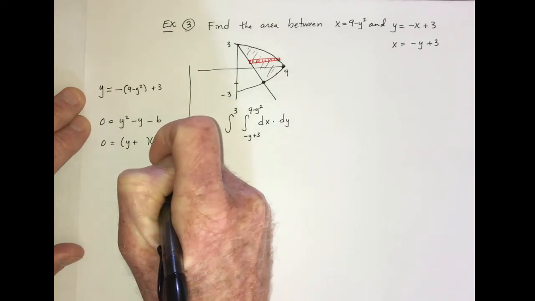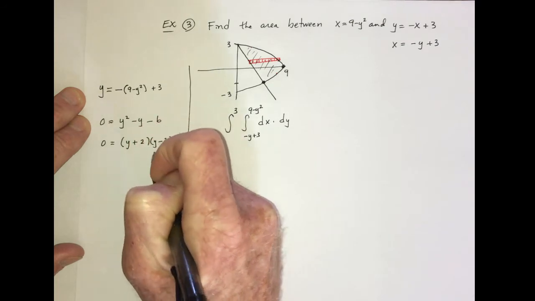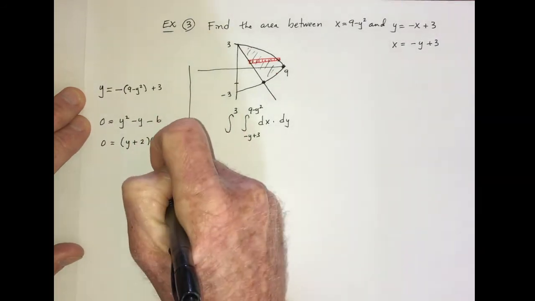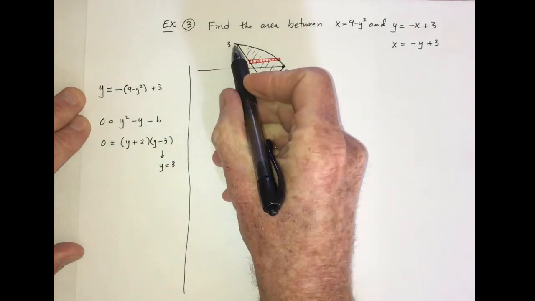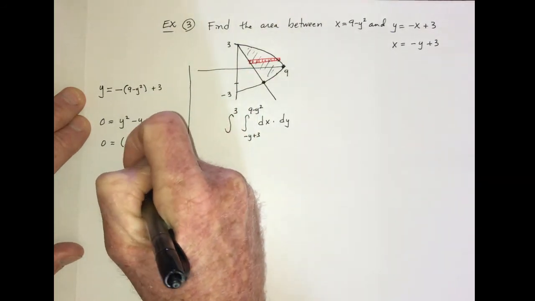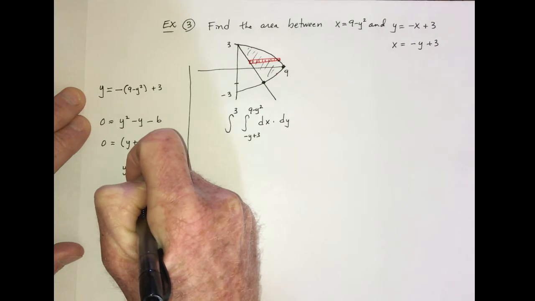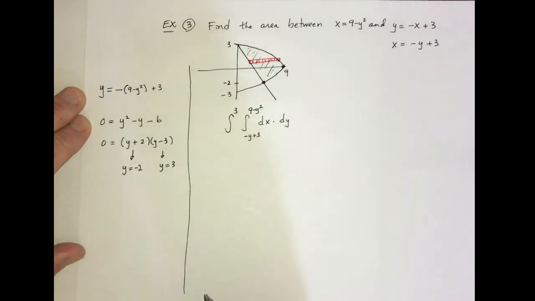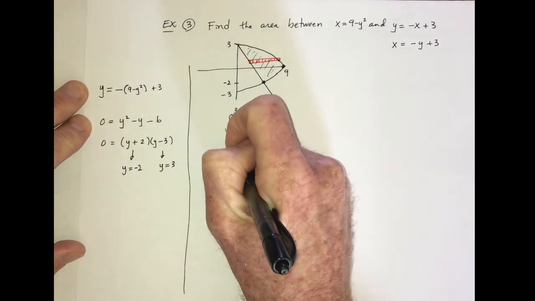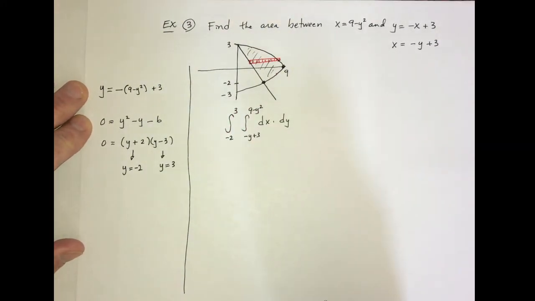This would need to be a 3, and this would need to be a 2. So that's factored, and then this one will say y equals 3, which is good, that's that one. And this will be y equals negative 2. And according to my picture, that even makes sense, negative 2 right there. So the limits are negative 2 to 3.